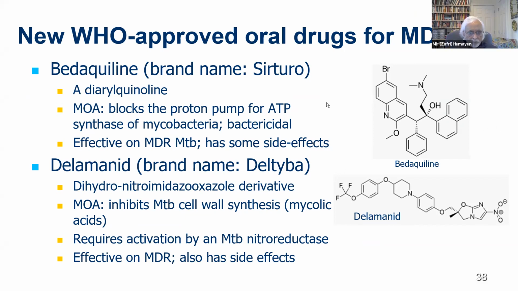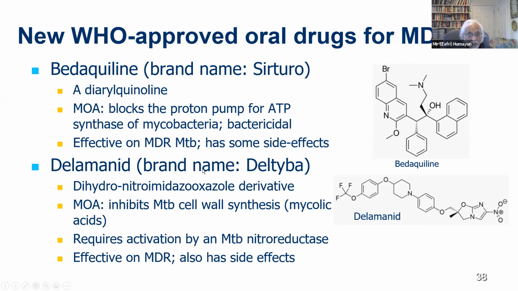Right? And the mechanism of action of bedaquiline is it blocks ATP synthase in mycobacteria. And it's bactericidal, it's quite effective, but it does have some serious side effects, cardiac side effects. So it has toxicity, but it is quite effective in treating MDR MTB.